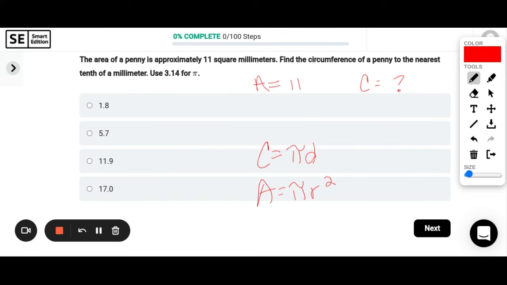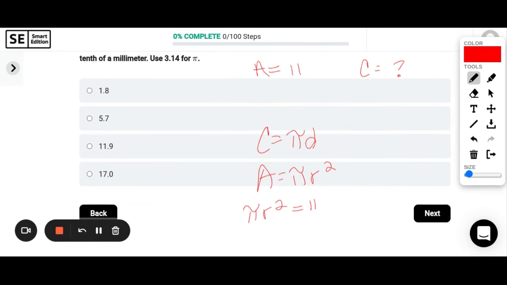Okay, so if I know that my area, which is pi times r squared, is equal to 11, I can go through and find my radius, and that will help me find the circumference. So we're using 3.14 for pi. So I'm going to do 11 divided by 3.14.